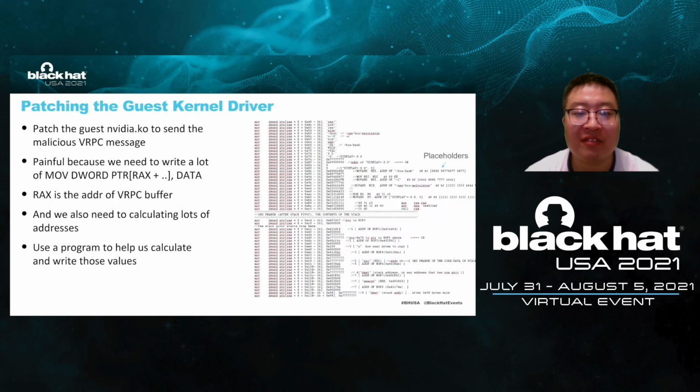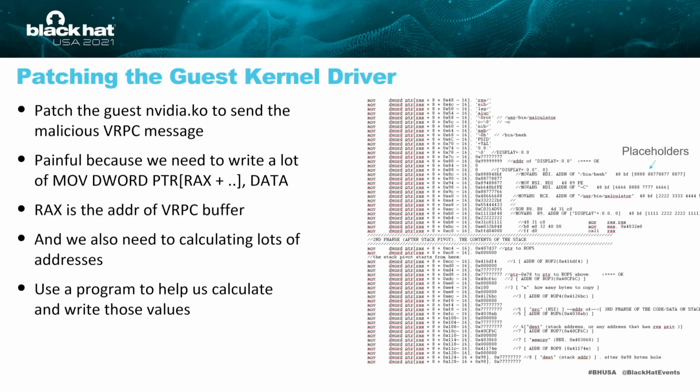And after I figured out the memory layout and wrote the whole POC, now we need to patch the guest kernel driver to send messages. I manually patched a large area in the guest driver in advance, so basically all we need to do now is to split the bytecode of the POC into many assemblies to write data into the vRPC message buffer.